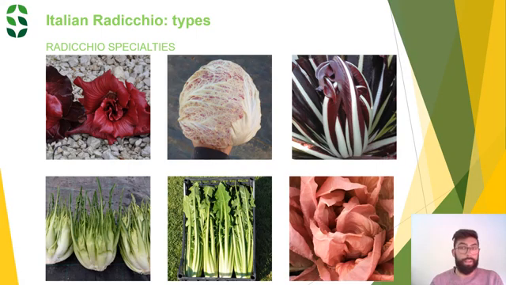Then we have the Tardivo type that you, I guess, really know. You need to harvest the plant with the roots in the field, and then put it in some fresh water.